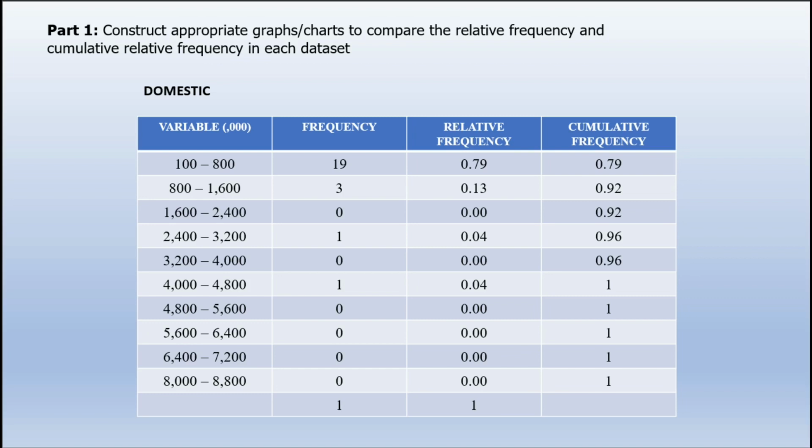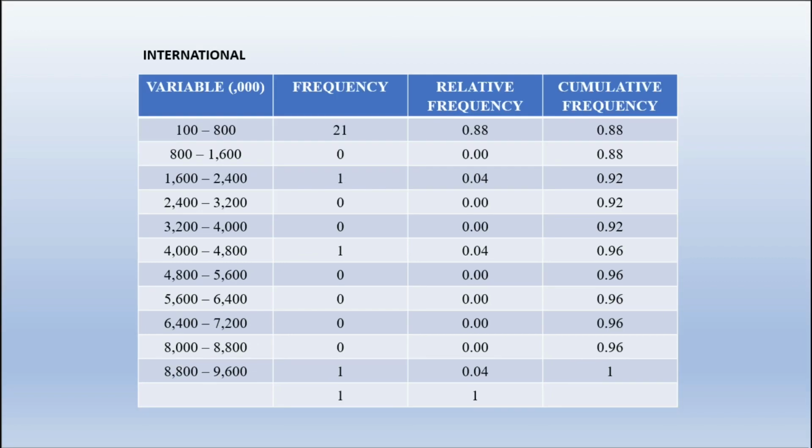To find the relative cumulative frequency, the relative sum of the frequencies should be added one by one. For example, the relative frequency of the variable 100,000 to 800,000, which is 0.79, plus the variable 800,000 to 1 million, which is 0.13.